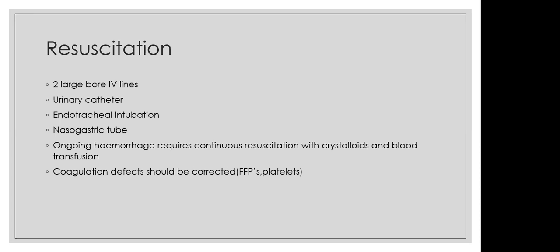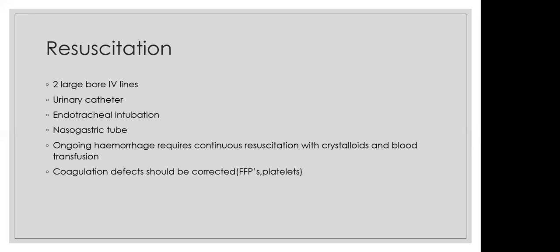A nasogastric tube will help you in assessing the gastric contents. In some patients, you might find coffee ground aspirates, and in some patients, particularly with massive hematemesis, you might find frank blood.